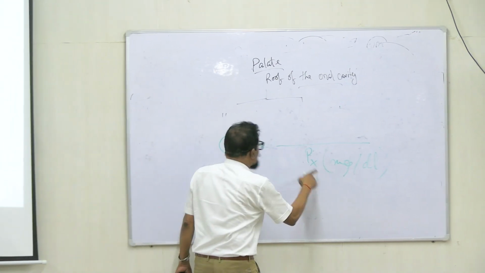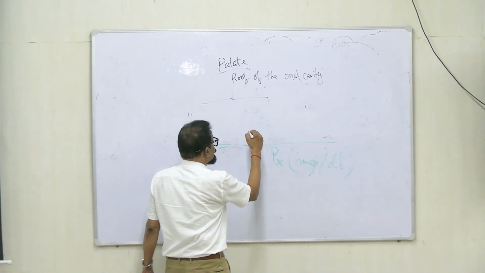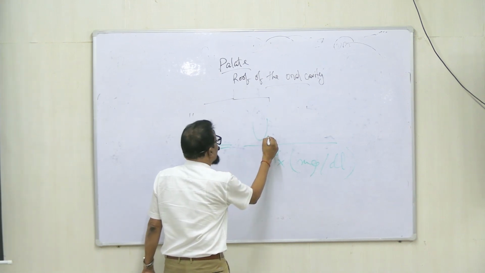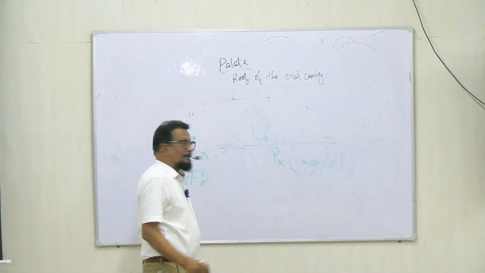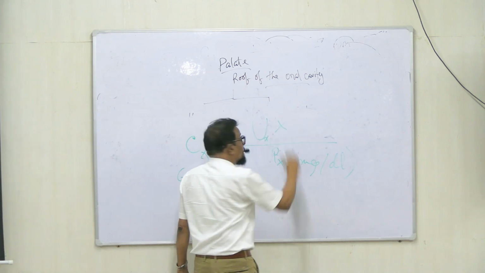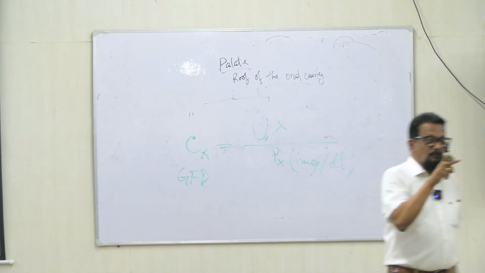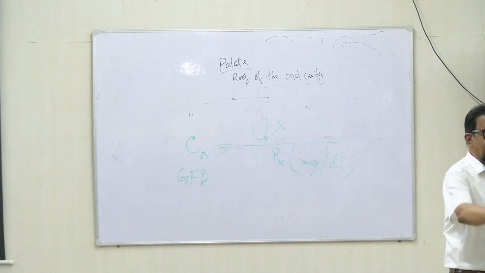And what is the concentration of X in urine? And what is the volume, the flow of urine?